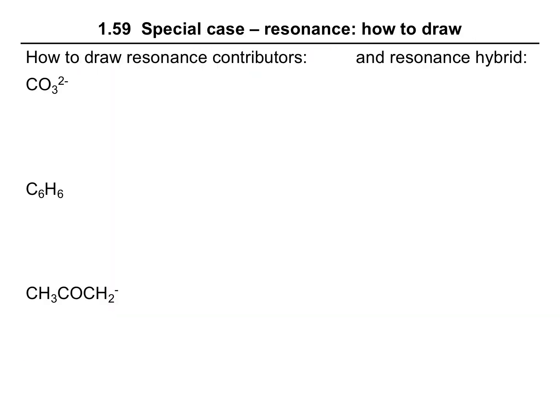So let's start out with carbonate. If we are starting here with this particular resonance structure, how would we get to another one? Actually, before we do that, let's think about what we are looking for. The fact that we have a pi bond and extra electrons will allow us to have the delocalization of electrons.